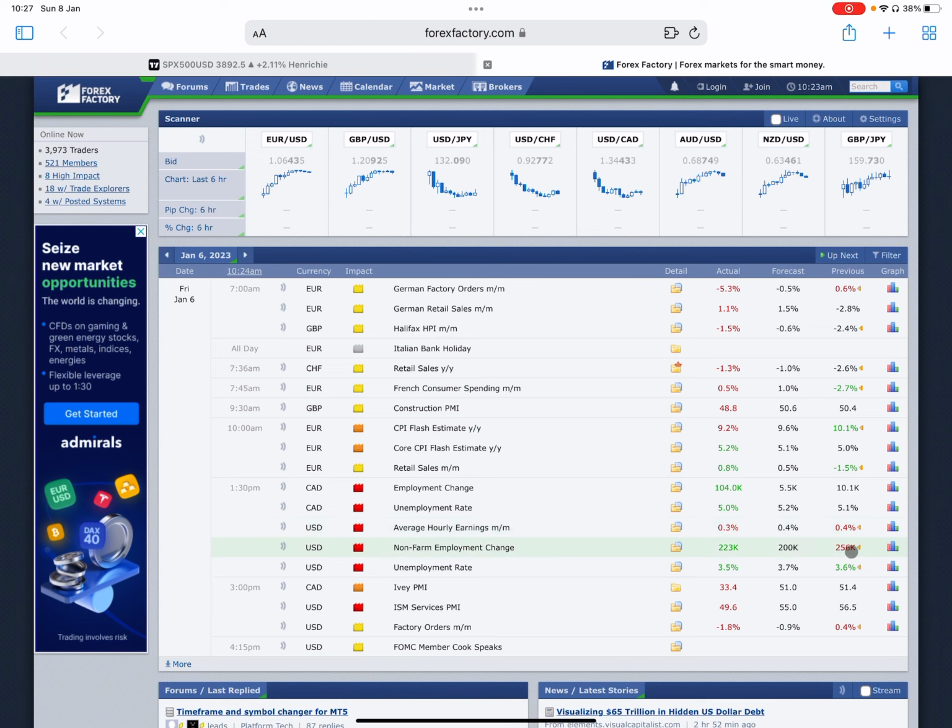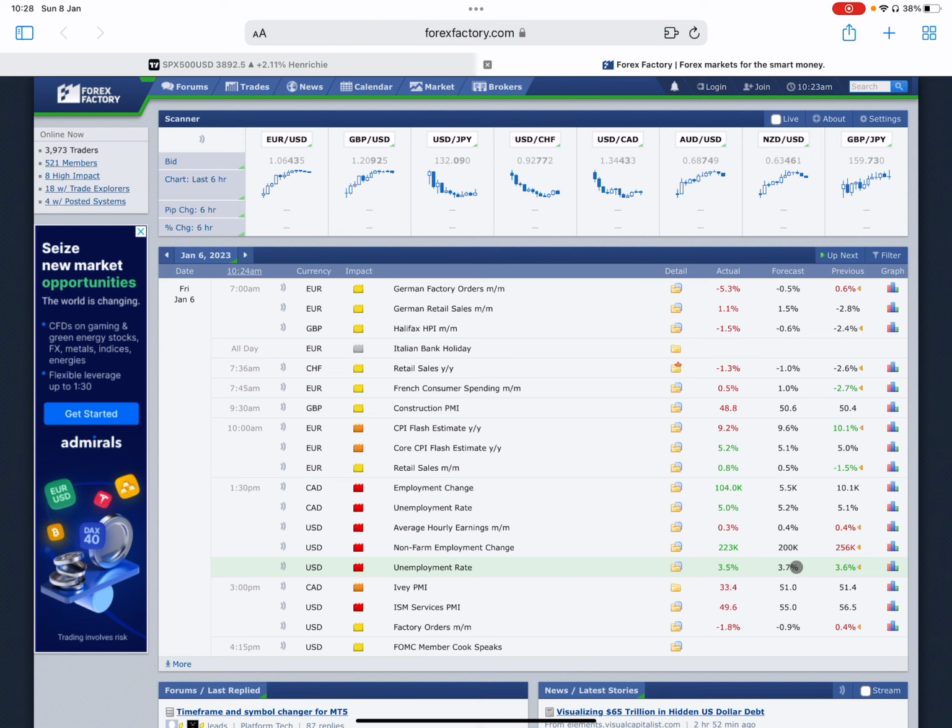Then the next one, previous 256K and forecast 200K, which is negative in my opinion, and that means that the dollar is going to be pointing to the downside. Then unemployment rate previous 3.6 and the forecast is 3.7. Now with this information here, I am more likely to see the dollar go lower than higher.